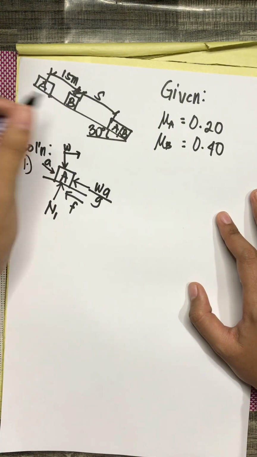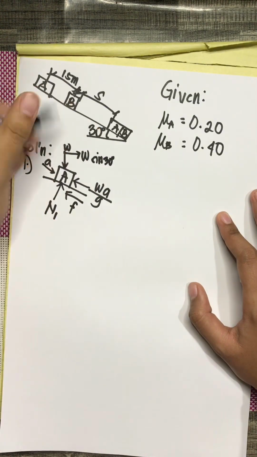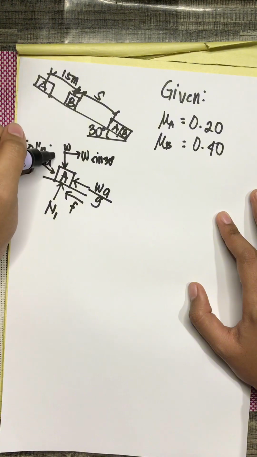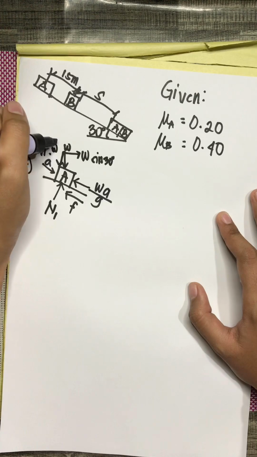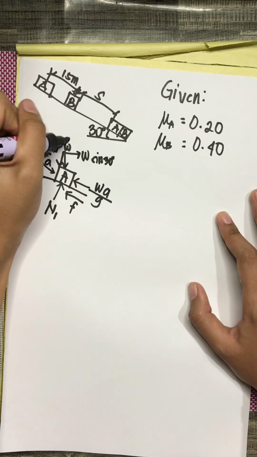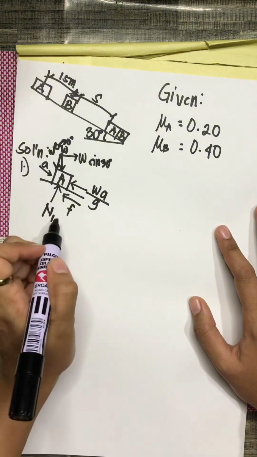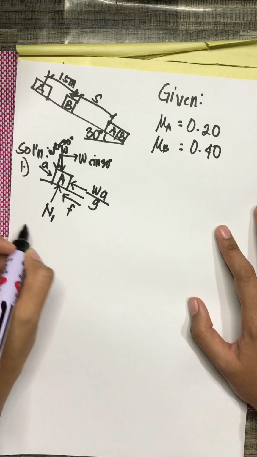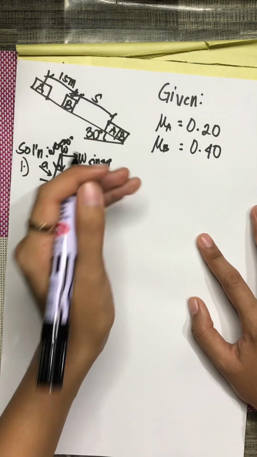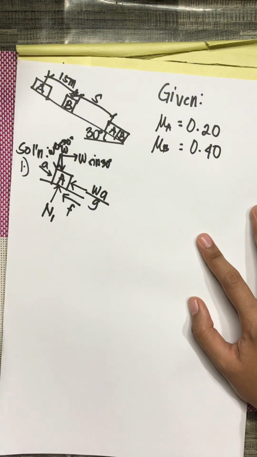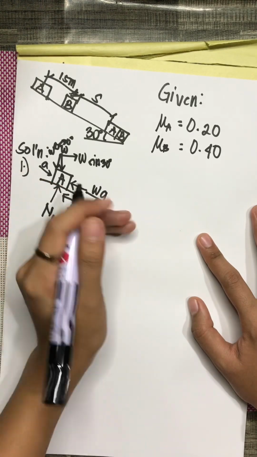So this is W sine 30 degrees and the Y component is W cosine 30 degrees. Then first, we need to solve the normal force. So we need to add all the vertical forces.